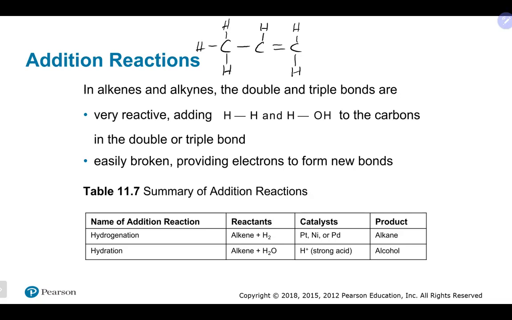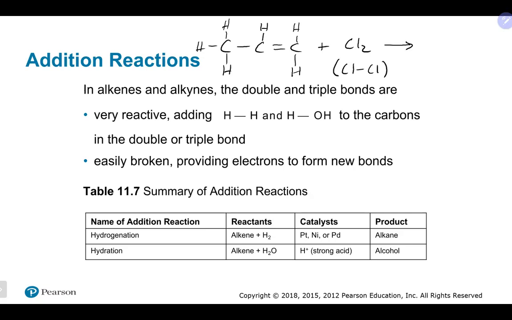We could add hydrogen, or you could add, say, Cl2, make it something different than hydrogen. So when we add Cl2 to this, it is a symmetrical addition. It's basically Cl and Cl that we're adding.